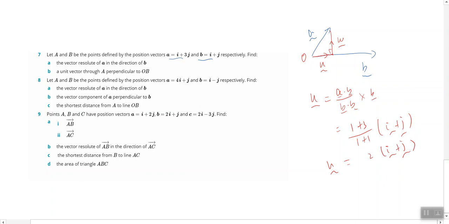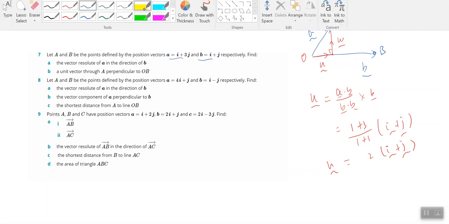Now, it says a unit vector through A perpendicular to OB. So what that's saying is you've got the point A here, so right there at the top, and you've got the point B here. So you want a vector through A perpendicular to OB.